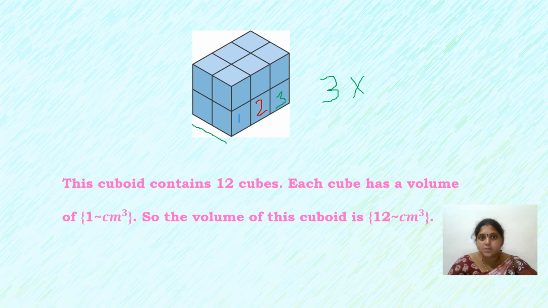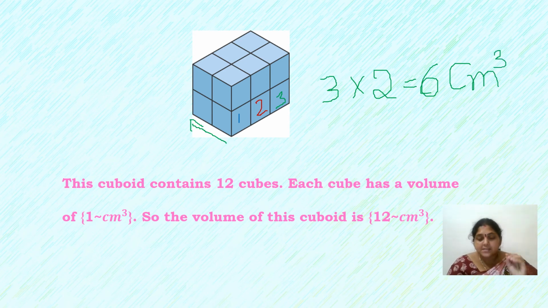This side we count the rows. 2 rows are there. 3 into 2, that is equal to 6 cubes. Only the down layer we are having 6 cubes. Right? 6 cubic centimeters.